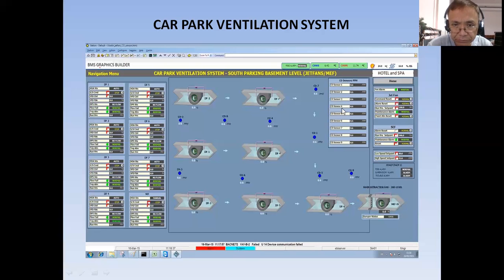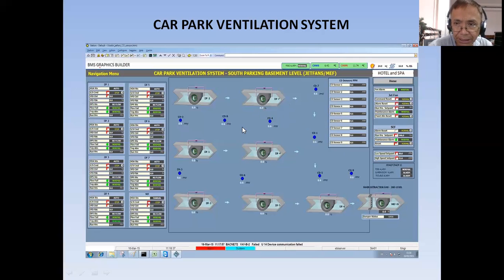Now, in this car parking system, we have 2 scenarios: the normal ventilation and the fire scenario. In the normal ventilation, the jet fans are running at low speed, and also the main extract fan.